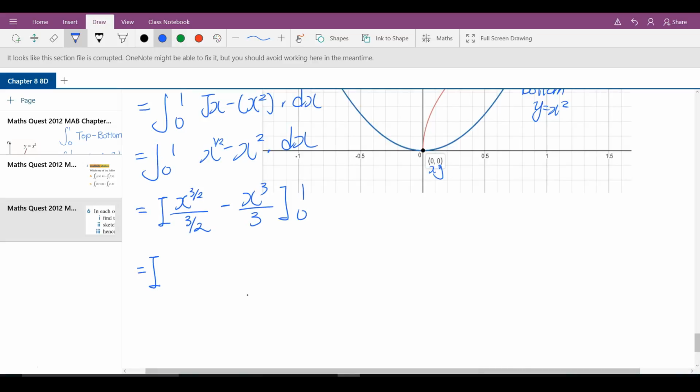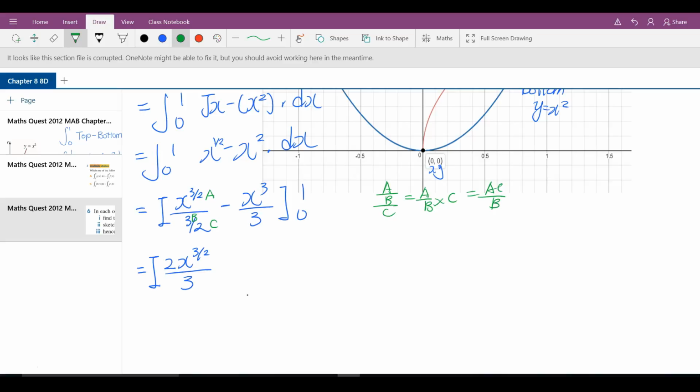This is literally just 2x to the power of 3 over 2 over 3. Remember our ABC. A over B over C is equal to A over B times C, which is AC over B.